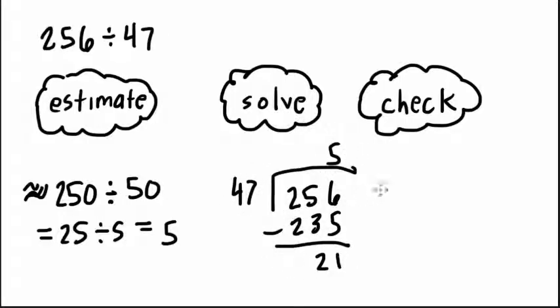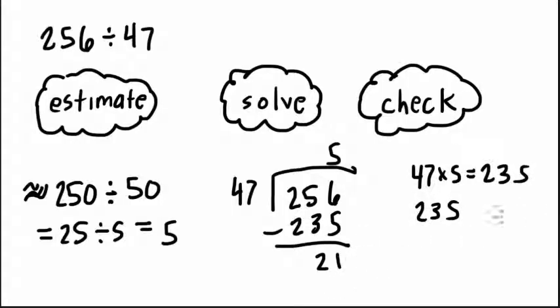In this case, it's 21. We're fine. So now we're going to move on to checking our answer, which is 47 times 5 equals 235. And then we add our remainder, 21, and we should get our original dividend, which is 256. And we do. So that's just the reminder of what we're doing.